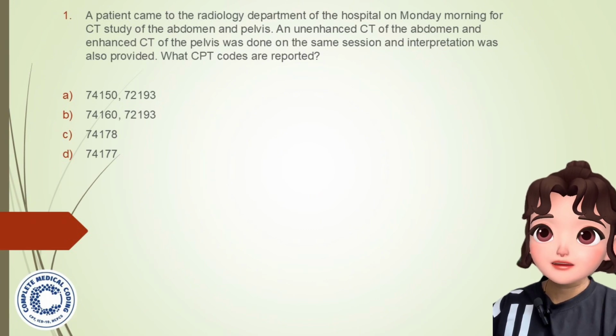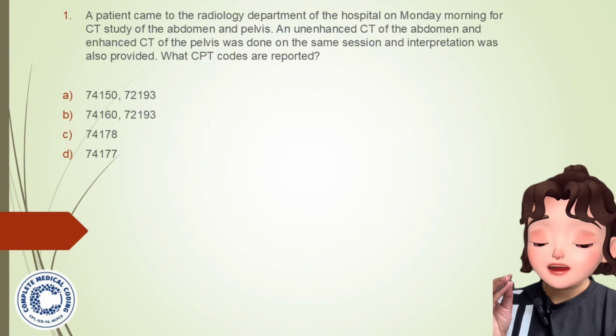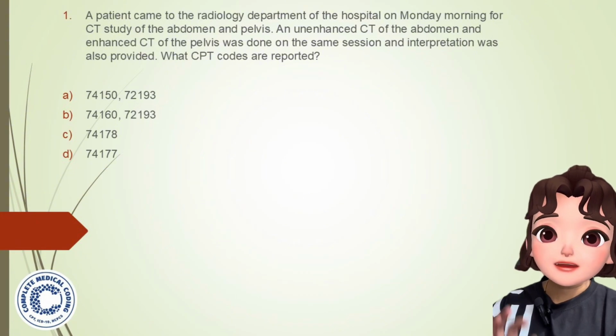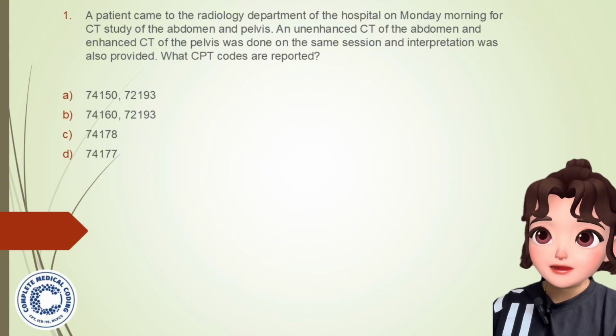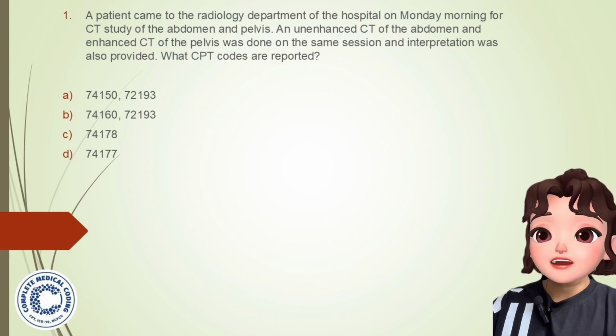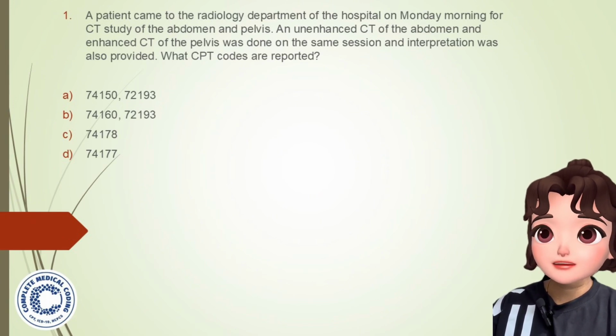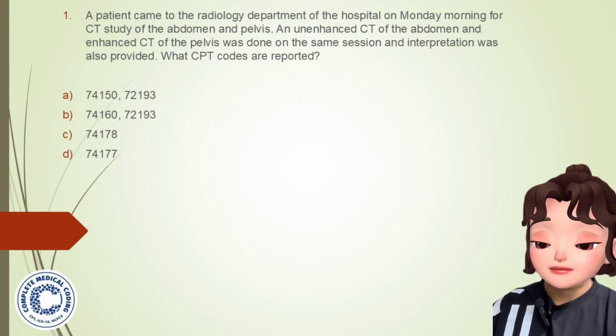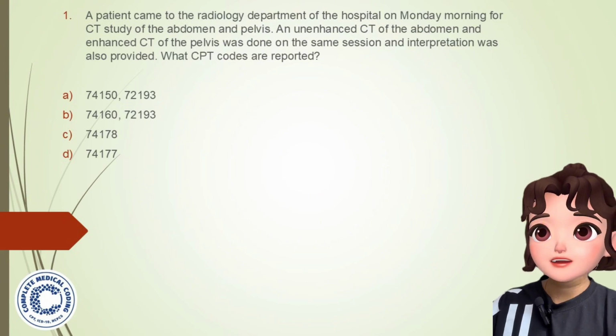I mean, only the CT scan of the abdomen is mentioned in this code, 74150. And what is 72193, as mentioned in the first option, second code? 72193, CT pelvis with contrast. So we got CT scan of abdomen without contrast and CT of pelvis with contrast.